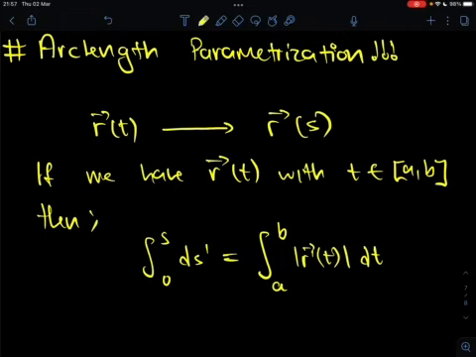So what we have to know now is that I will not integrate from a to b, but I will integrate from a to t, where this is written as the magnitude of r prime of t prime dt prime. So this is the formula that we need every time we are to perform the arc length parametrization.